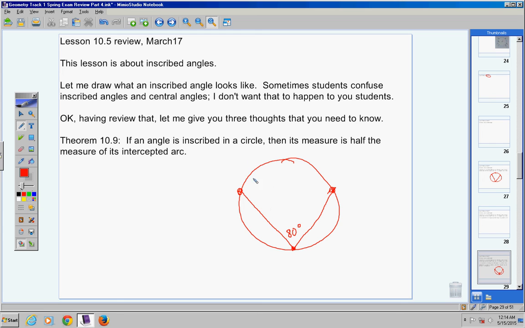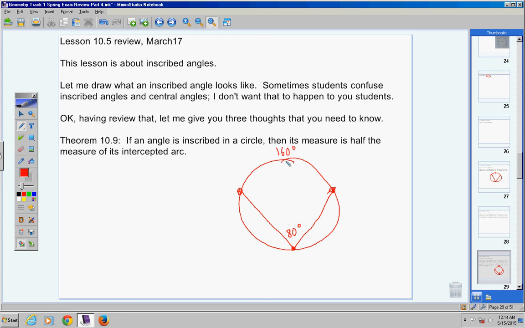Where's the intercepted arc? Right here. There's its intercepted arc, okay? There's the endpoint of the angle, there's the intercepted arc. Well, this intercepted arc right here is always going to be twice as big as the angle. So if the angle's 80, then this whole arc would be 160 degrees, okay?